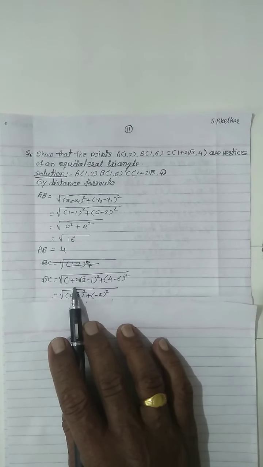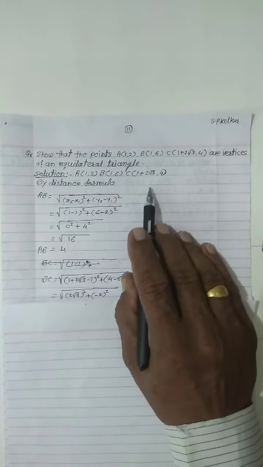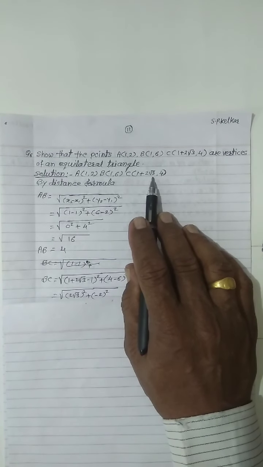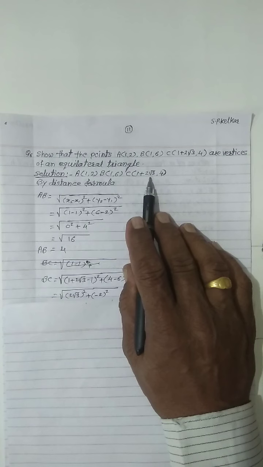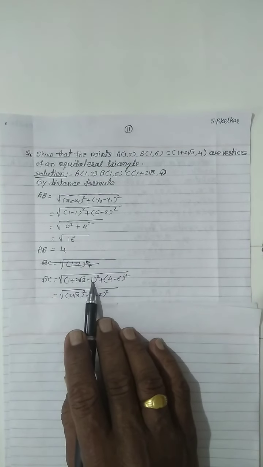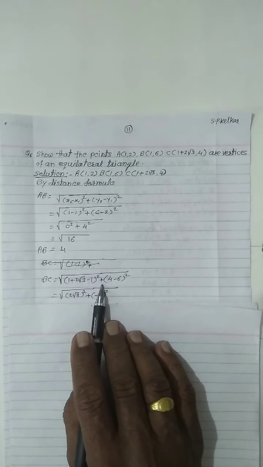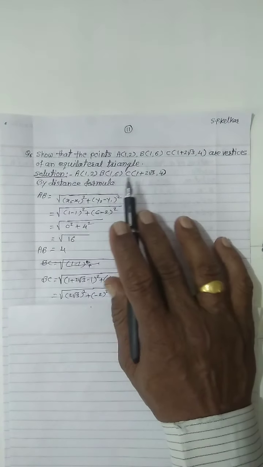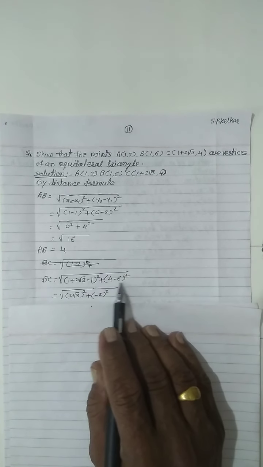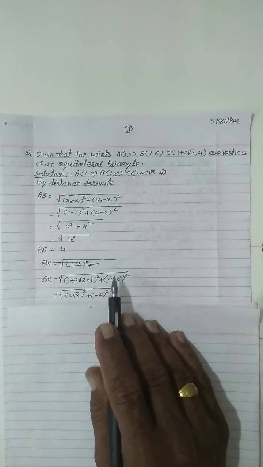Now x2 minus x1. See the x2, 1 plus 2 under root 3. This value is x2. x2 minus 1 bracket square plus y2, 4 minus 6, (4 minus 6) square.